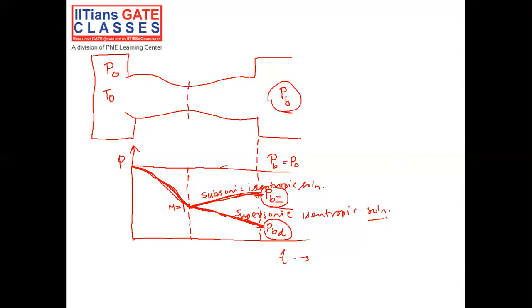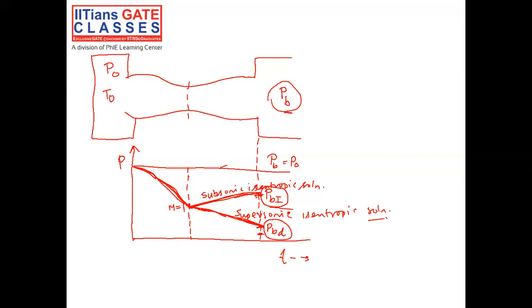Now let's consider two different cases. One is when you reduce the back pressure further below this design back pressure. Let's consider that condition. So this is the PB, which is less than the design pressure. What will happen in the convergent divergent nozzle in such a condition?